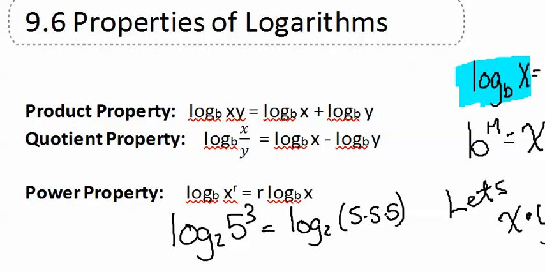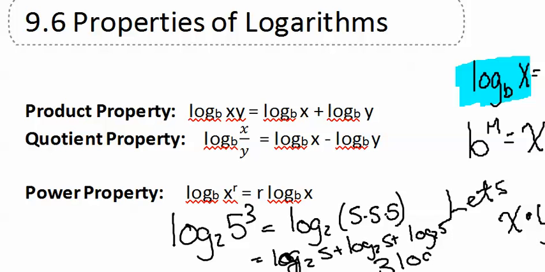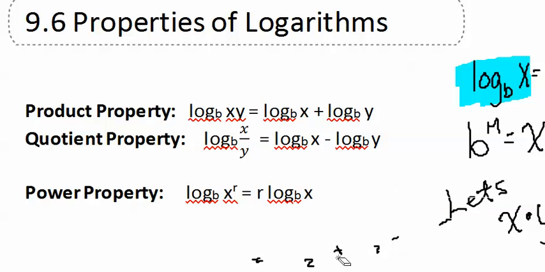Now, based on that product property, that would be log base 2 of 5 plus log base 2 of 5 plus log base 2 of 5, which is really 3 times log base 2 of 5. So the exponent gets pulled to the outside. And you can see that in that basic definition right here: if you have an exponent on that argument, it becomes a coefficient of that log.